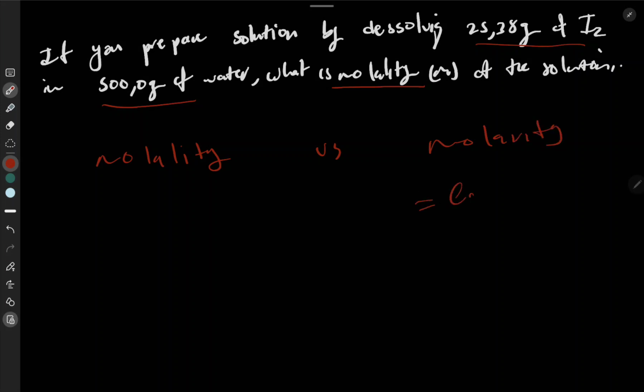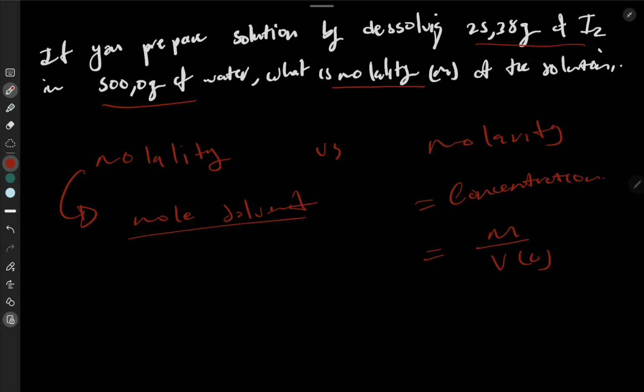Molarity is concentration, and molality, here we have moles per volume, and volume should be in liters, and here it is moles of the solute all over mass of the solvent.